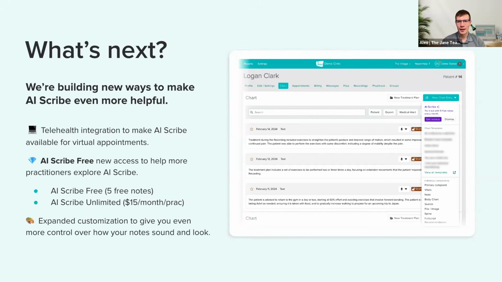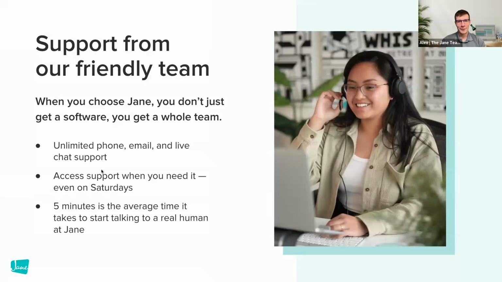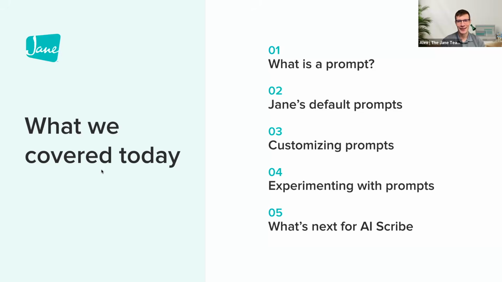Stay tuned for that. And keep in mind that the experimenting you are doing now will help you get the most out of these and other new updates to AI Scribe as they roll out. Every prompt you test and refine today builds skills that will carry forward as AI Scribe continues to grow. We've covered a lot today, and it's been great to see so many of you join us, learn, test ideas, send your reactions, chat in the chat, and explore prompting together.